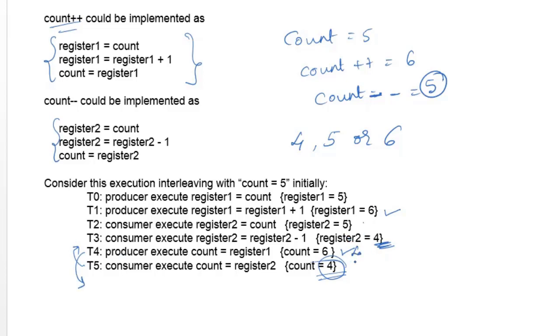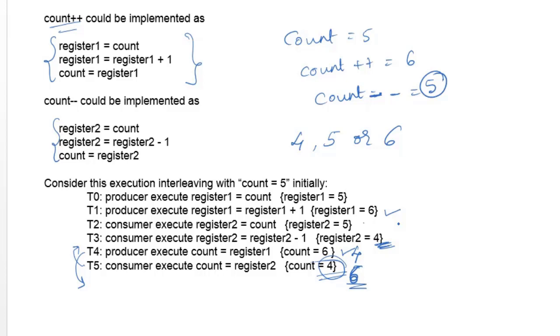You are writing 4 first to the count, and in T5 you are writing 6 to the count value, in which case the final outcome will be 6. So we are getting an incorrect value because we are allowing two processes to modify the same memory simultaneously.